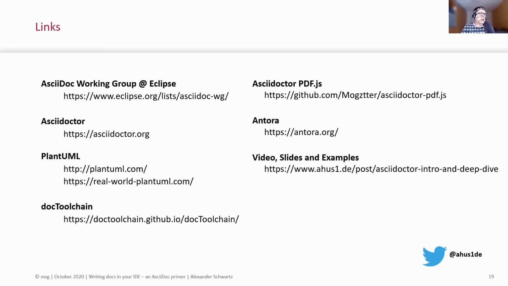Question number 2: how does AsciiDoc compare to alternatives, such as REST, Sphinx, and others? I, for my part, have done in some places Markdown, and I found that for technical documentation and all these cross-references, including stuff, doing proper tables, I prefer AsciiDoc over Markdown.